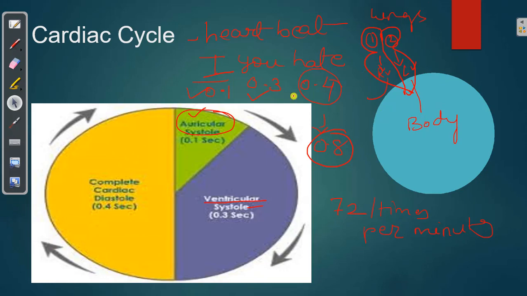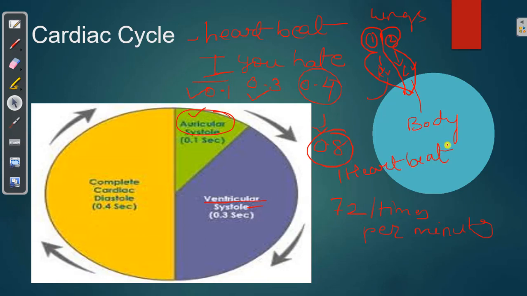So what happens for a longer time? The relaxation happens for a longer time, just as we also relax after doing physical exercise or after carrying out our daily chores. In the same way, once the blood has been pumped by the atria and ventricles, they have to relax, and this relaxation is for a longer time, and it is said to be cardiac diastole, and it lasts for 0.4 seconds, and in these 0.8 seconds one heartbeat gets complete.